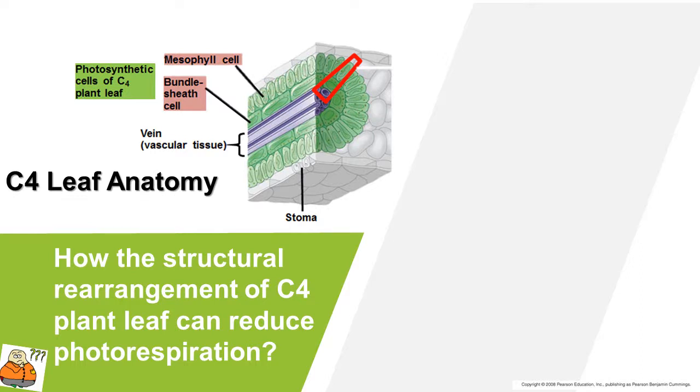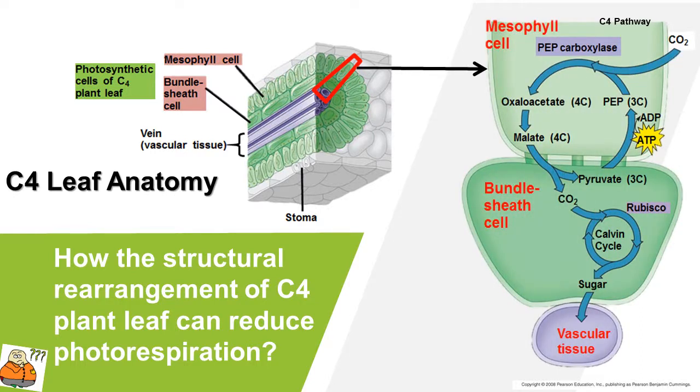Within the mesophyll cell, an enzyme called PEP carboxylase has a higher affinity for low concentrations of carbon dioxide than for oxygen. So even when the ratio of oxygen is higher than carbon dioxide, PEP carboxylase will pick up carbon dioxide and attach it to the PEP molecule.